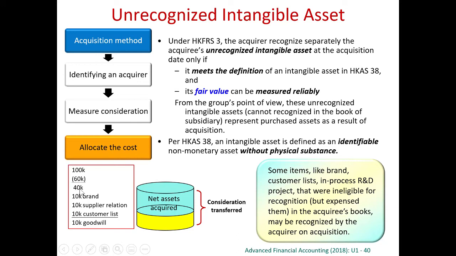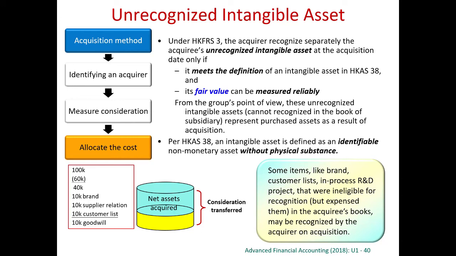Therefore, goodwill will be 40, because goodwill is what I pay minus what I get. But I can ask you, what is goodwill? Goodwill simply means something I don't know.